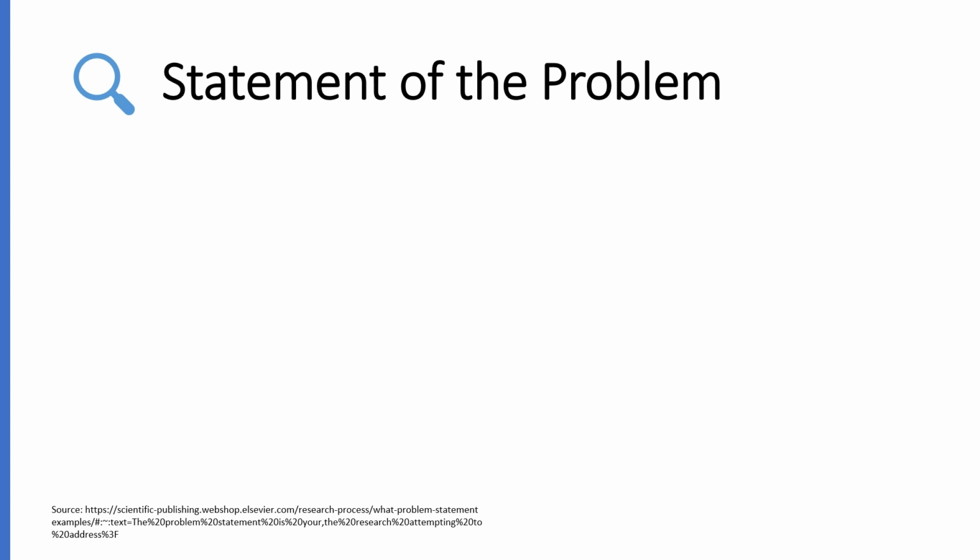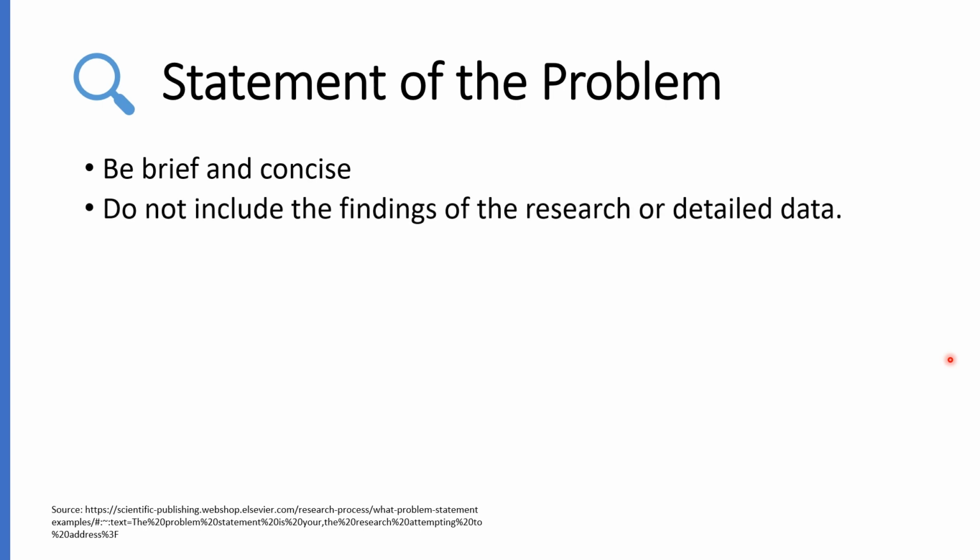In writing your statement of the problem, it is expected to be brief and concise, and you should not include yet the findings of the research or the detailed data, since your aim in this part is just really to say what the problem is.